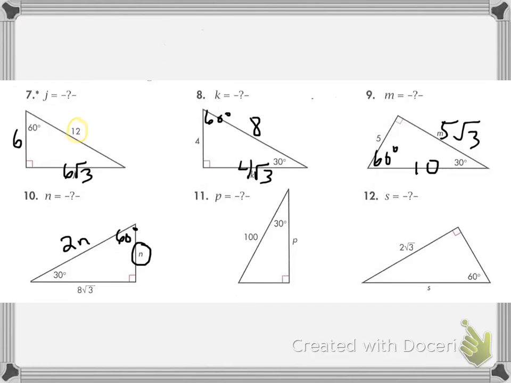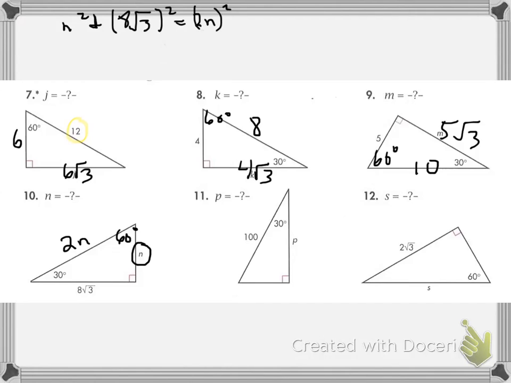And let's write our formula out here. We got n squared plus 8 root 3, make sure you put the 8 root 3 in parentheses, equals 2n, again put that all in parentheses because the whole thing is squared, the whole side is squared.